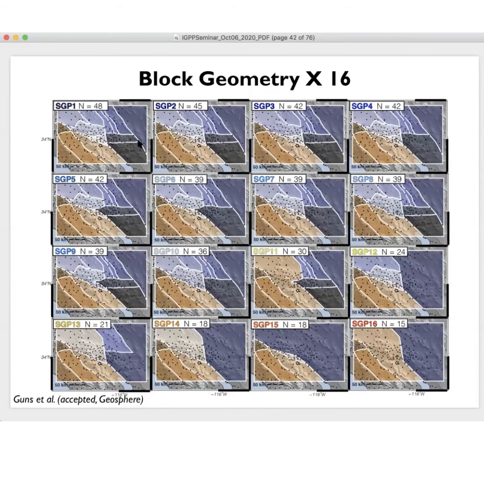And these range from our most complex model up at SGP1 in the upper left corner, which has got 48 Euler pole parameters and 16 blocks, to our least complex model, which is SGP16 down in the right-hand corner, and that's got 5 blocks and 15 different Euler pole parameters. So I'm not going to go through each and every one of these, but suffice to say, each one tests some sort of hypothesis about the area.